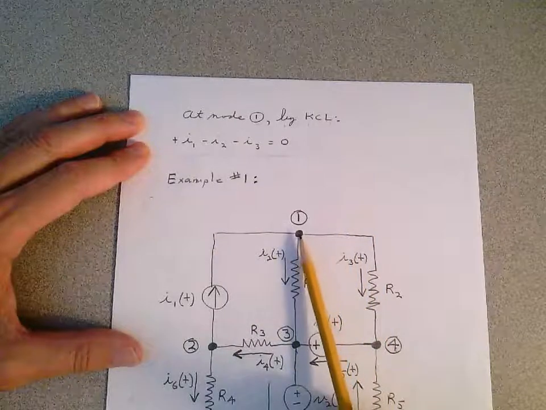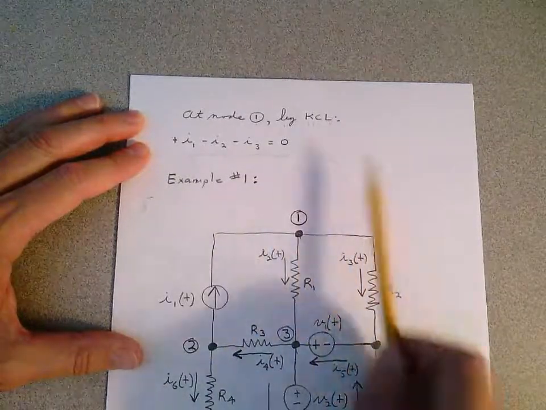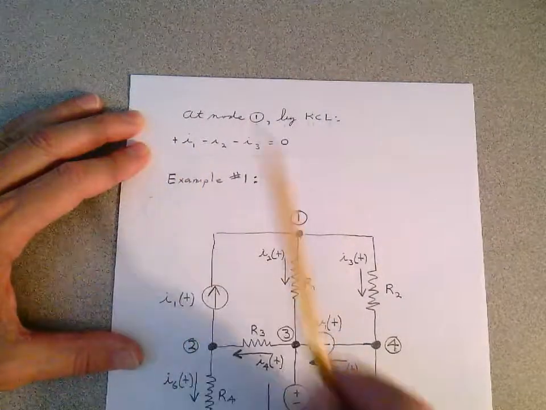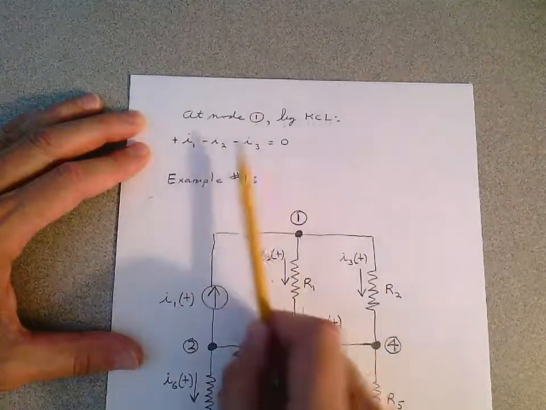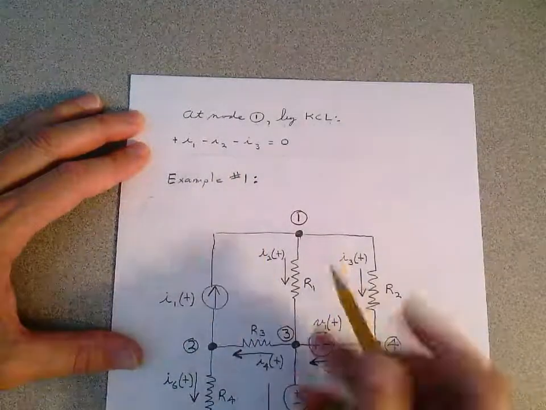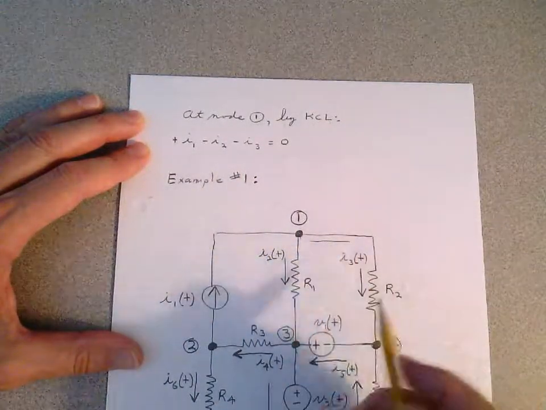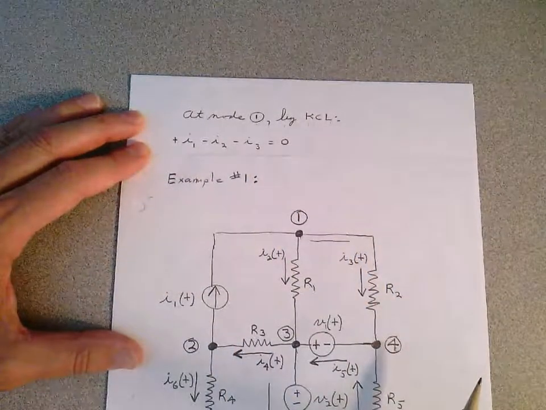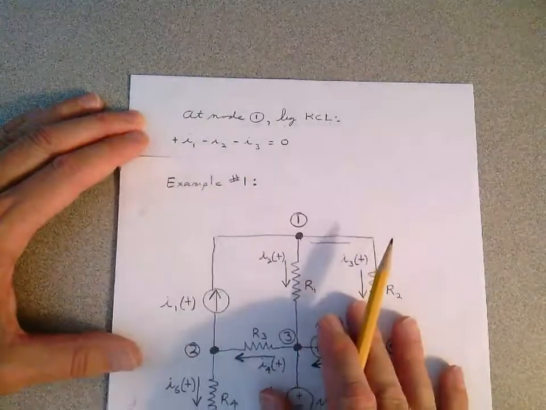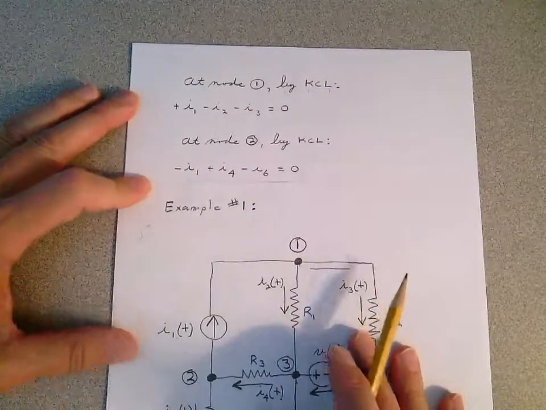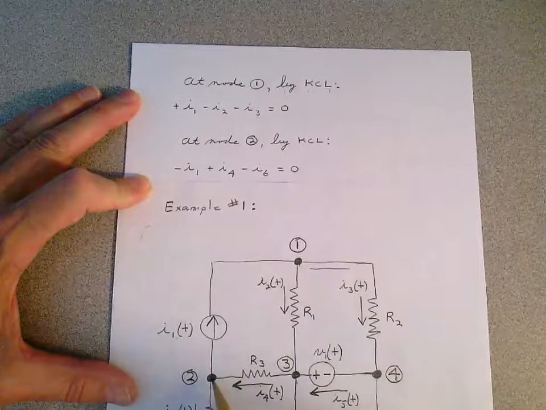So can you look here at node 1, by Kirchhoff's current law, and can you see a plus I1, minus I2, minus I3, because I3, don't forget, is leaving, and coming down through here, equals 0. Try node 2 on your own. Can you look at this and see at node 2 here?